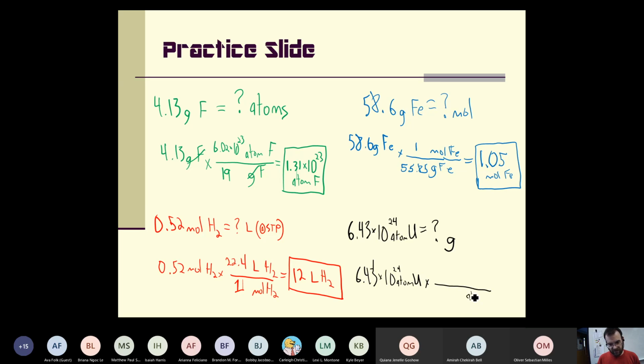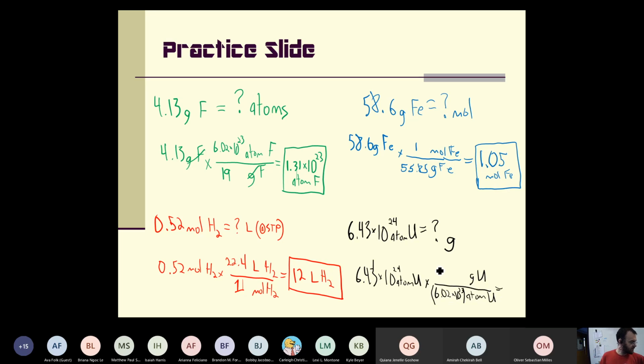I'm going to bring atoms of uranium down, as I do with all my dimensional analysis. And I'm going to change that to grams of uranium because all of these basic mole problems are one step. Atoms are 6.02 times 10 to the 23rd each and every time. And this gets parentheses because it's math that's underneath a line.